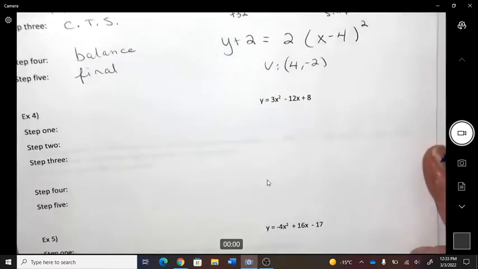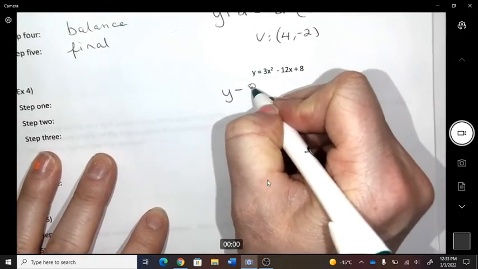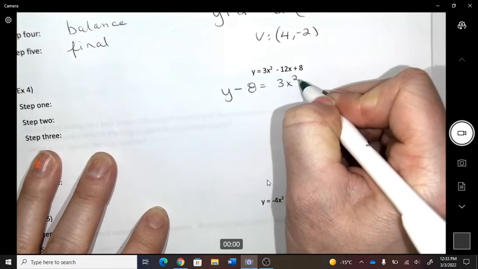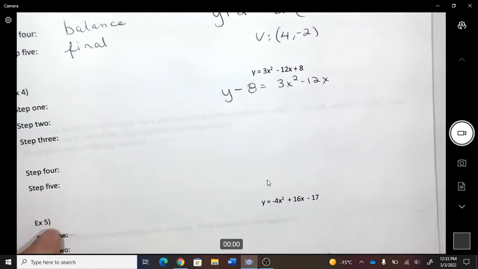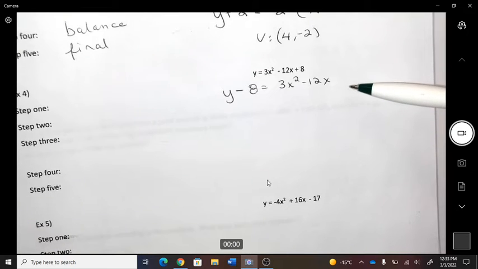Okay, number 4. Ready? Move the 8. Some of you might do these in the same step. That's all good. I do get a lot of errors right here with people giving me a plus 36.